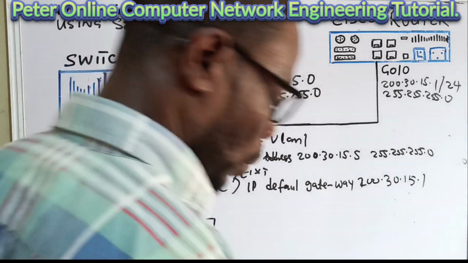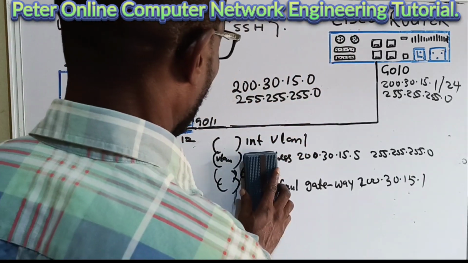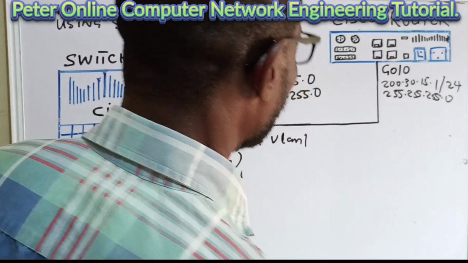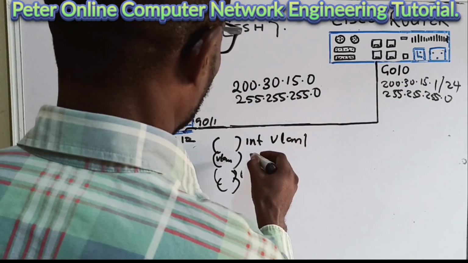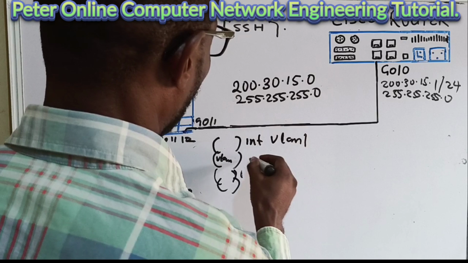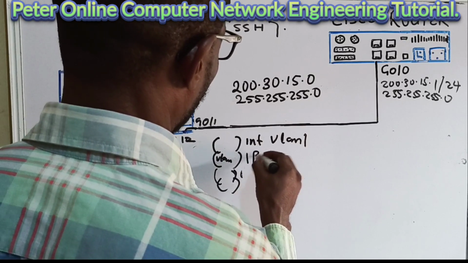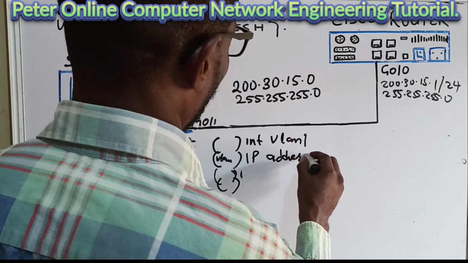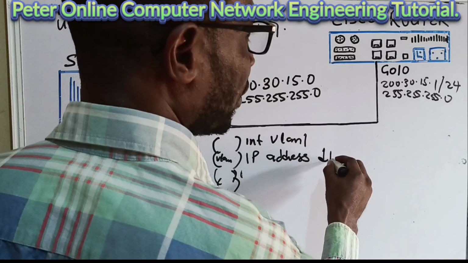Let's say you want to assign this switch an IP address using DHCP. Maybe you have enabled DHCP on this router. When you put interface vlan 1, you do ip address dhcp.